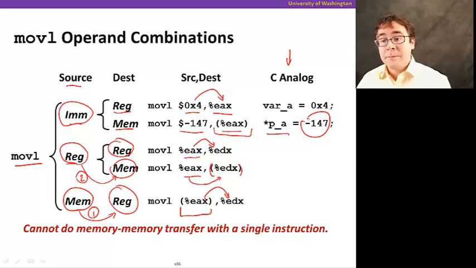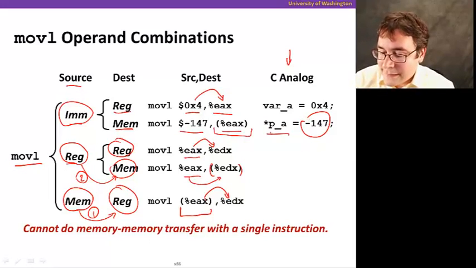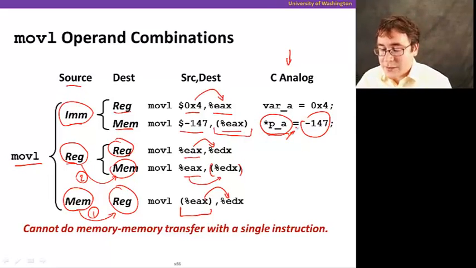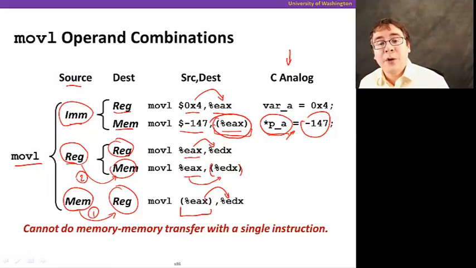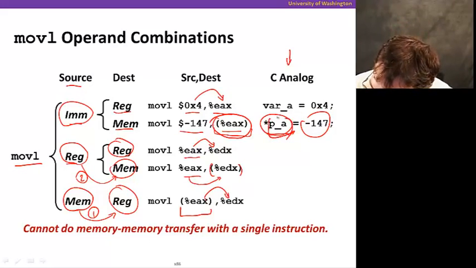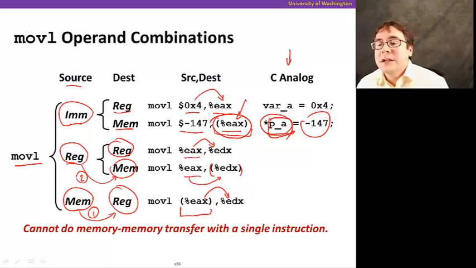Since it is a pointer on the left-hand side, it's going to be the destination. That's why in the destination we have a memory operand. And the address held by pointer PA is what's contained in register EAX.